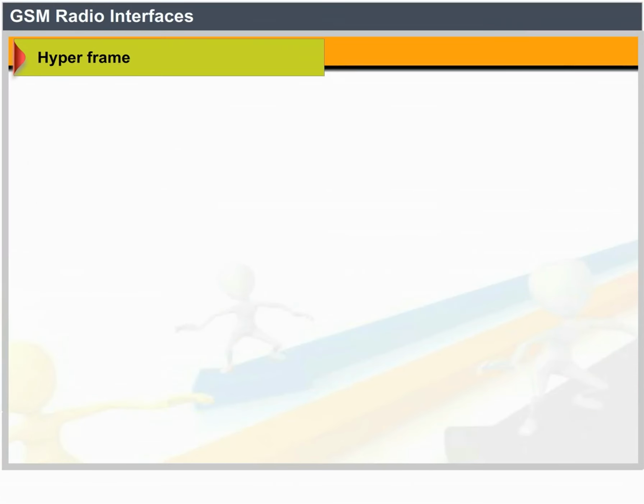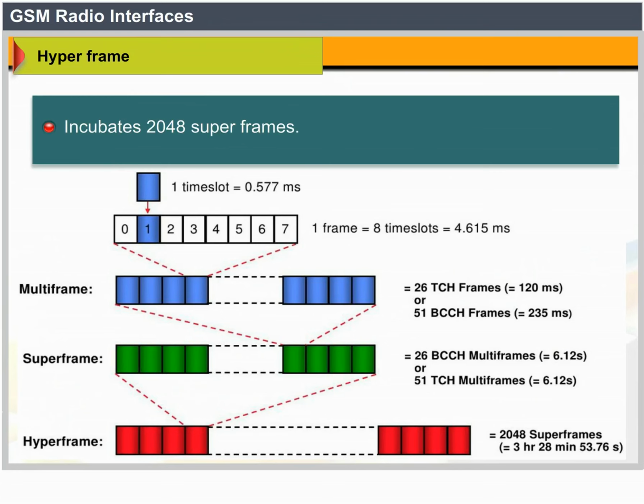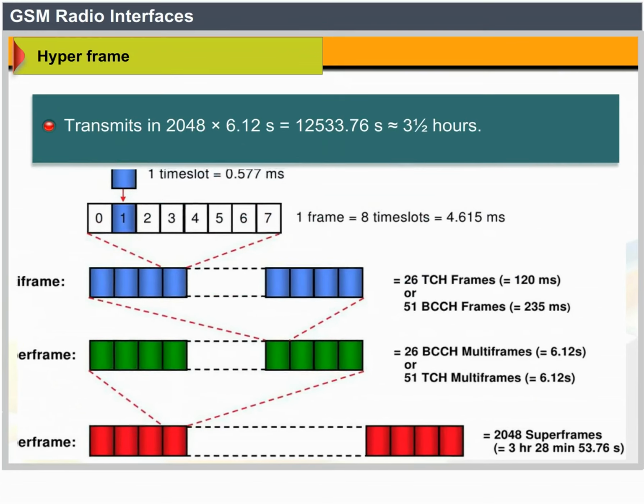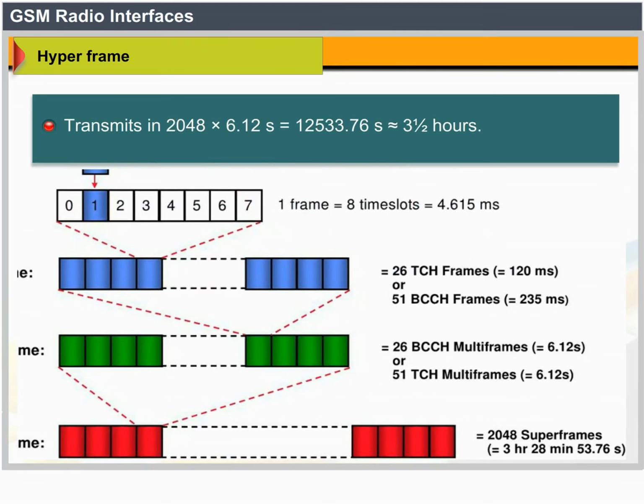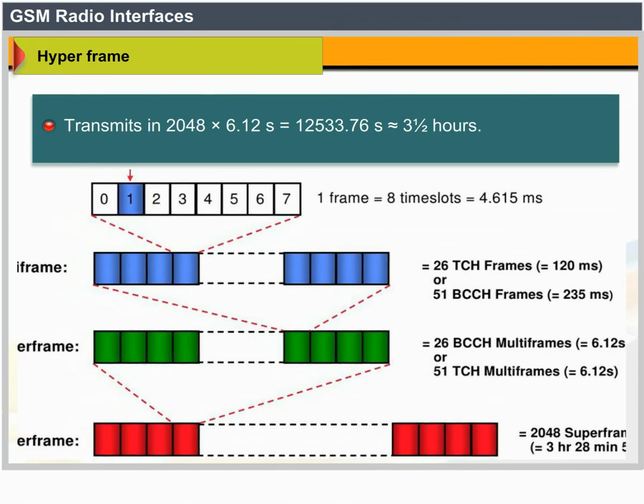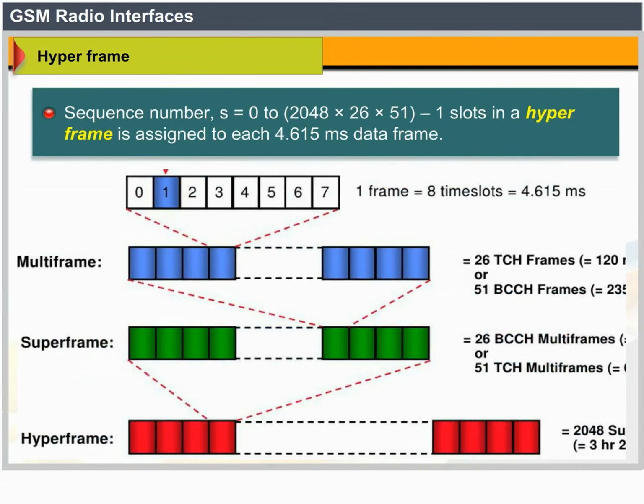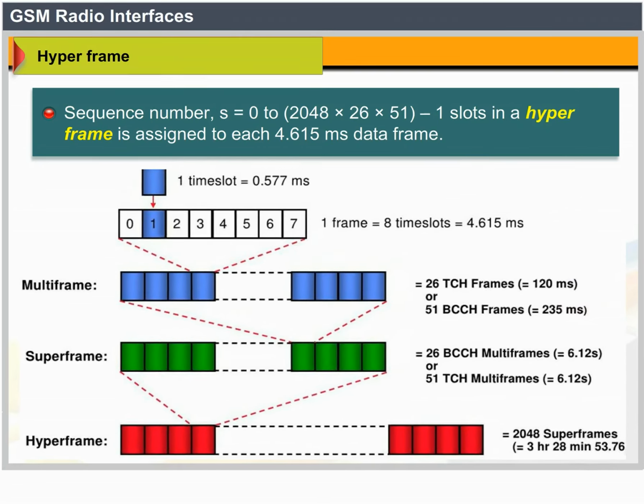A hyperframe consists of 2048 superframes. It transmits in 2048 × 6.12 s, equal to 12,533.76 s, equal to 3.5 hours. Sequence numbers are from 0 to 2048 × 26 × 51. One slot in a hyperframe is assigned to each 4.615 ms data frame.